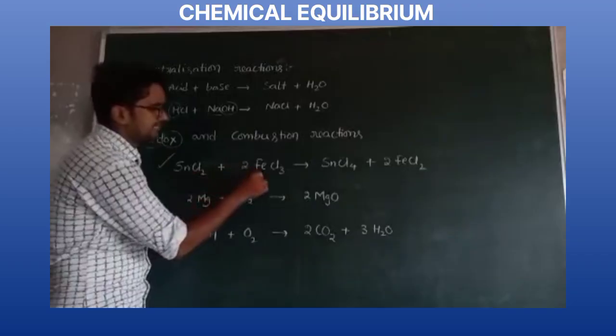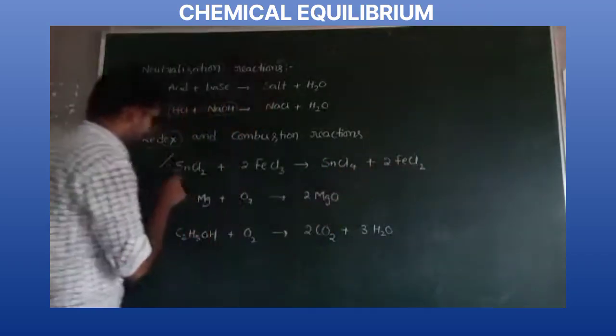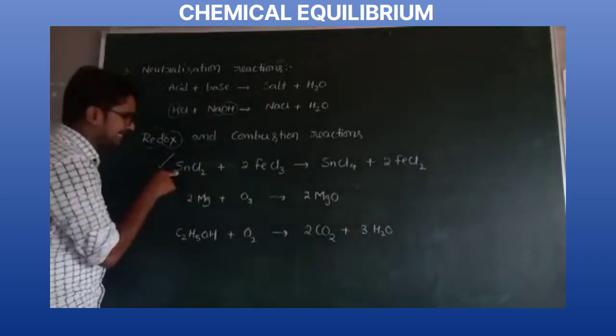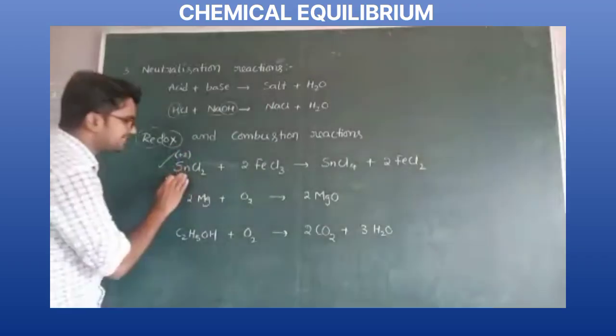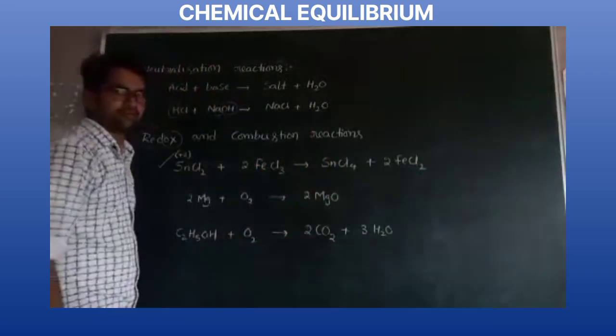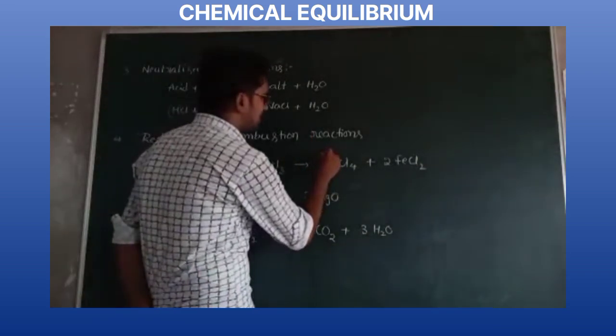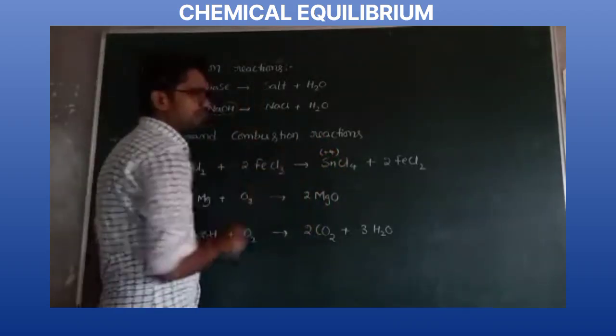SnCl2 reacts with FeCl3, gives SnCl4 and FeCl2. In SnCl2, the Sn oxidation state is +2. If it reacts with FeCl3, it is converted to SnCl4. Here, the Sn oxidation state is +4. +2 is converted to +4.